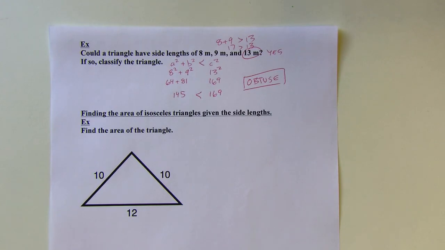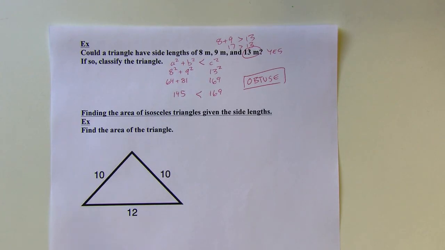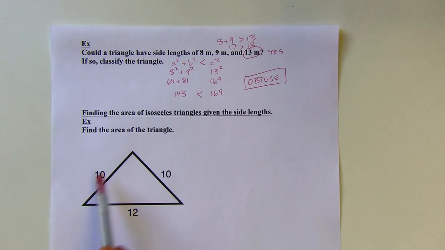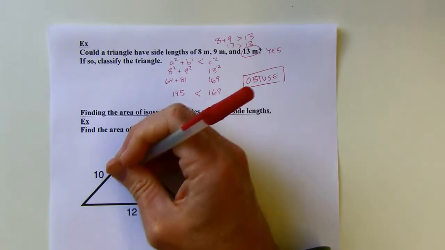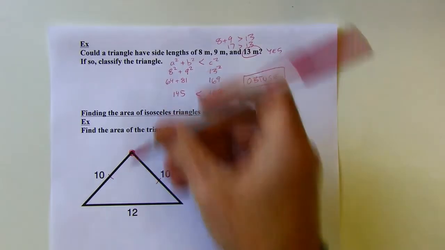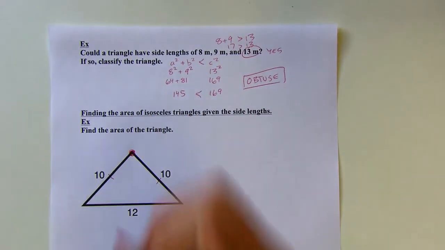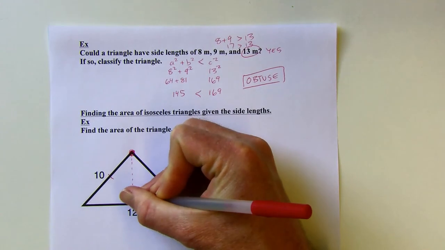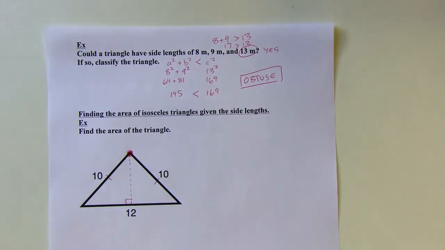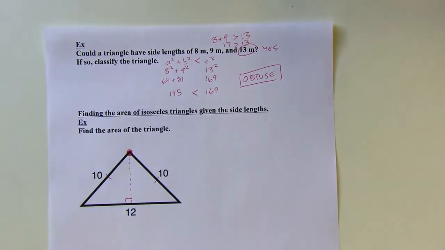So what I am going to do, and this works great with isosceles triangles, if you find the corner where the two congruent sides meet, so right up there, it's the top on this one, let's just draw in the altitude. So there's the altitude, right? That connects to the 12. There's other altitudes, but I want that one, okay?